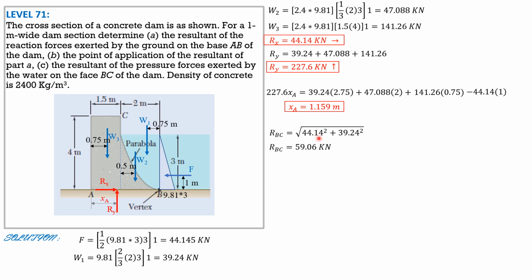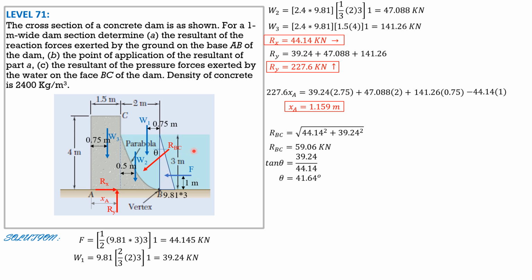Tangent theta is W1 over F, or vertical over horizontal, and that's theta. So tangent theta equals 39.24 over 44.14. So theta equals 41.64 degrees.